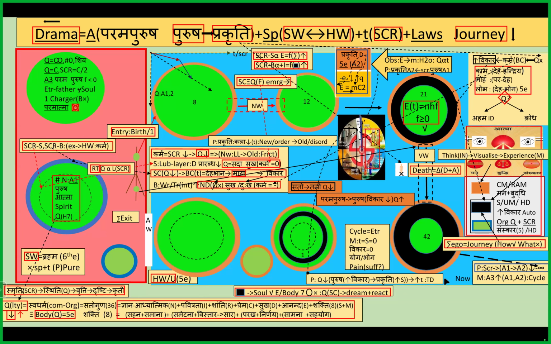The example is this: when we make doodh into dahi, can we convert dahi back to doodh? When we make doodh into dahi, entropy is increasing. Is there any way you can convert dahi to doodh without any external energy? The only way is you have to go back in time.